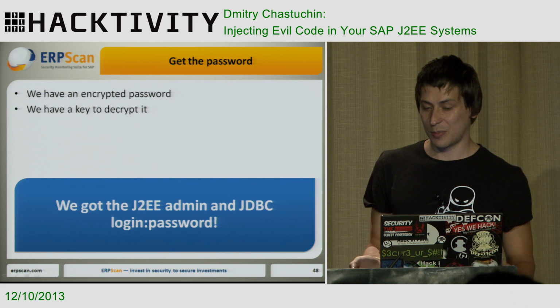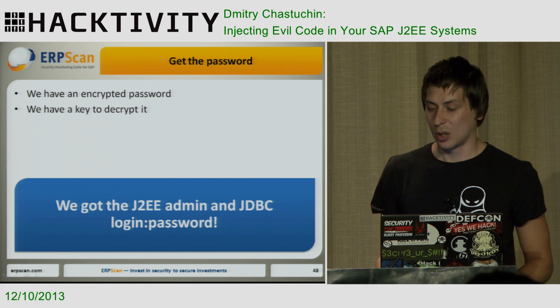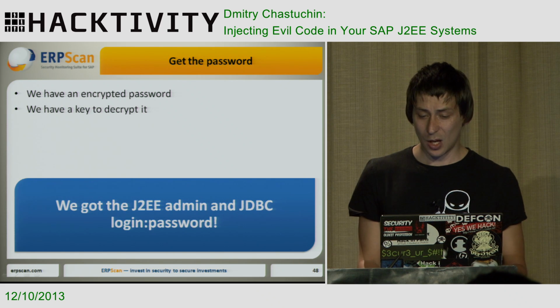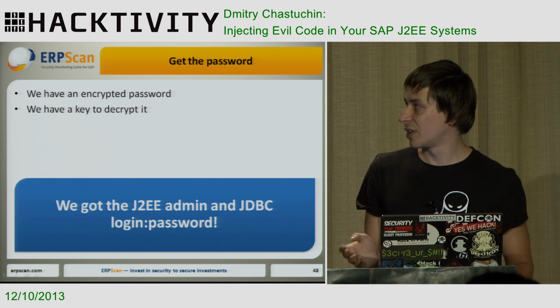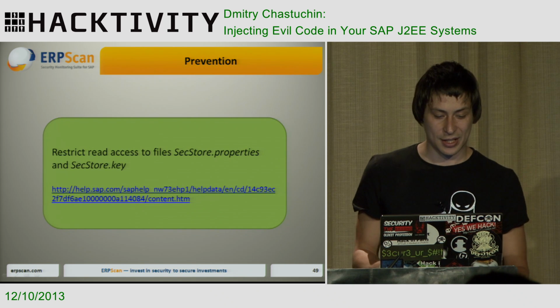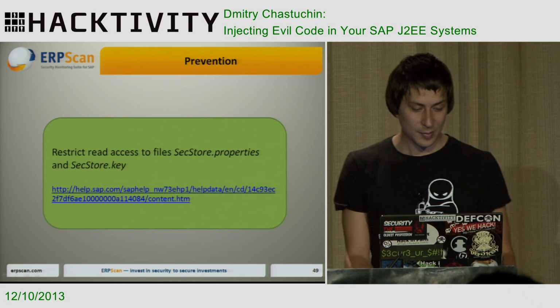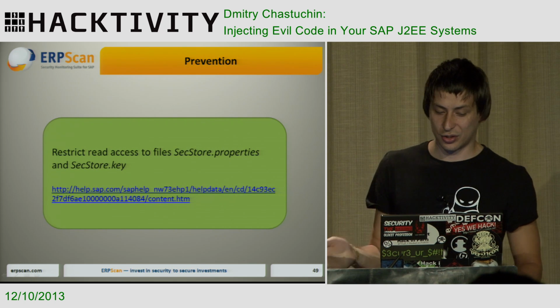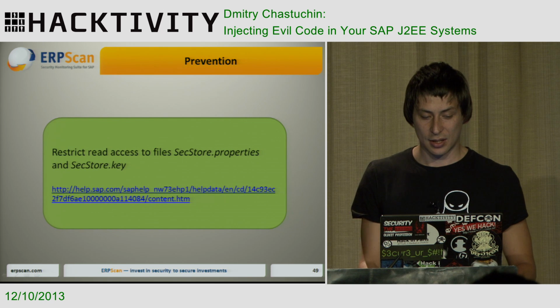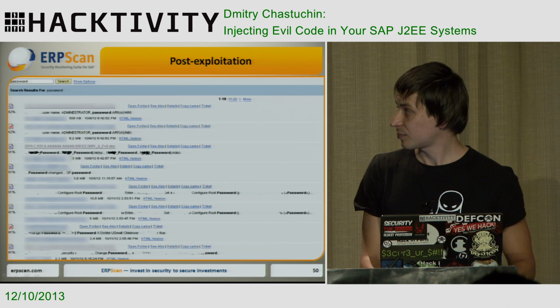With the encrypted password and the key for decryption, we can get the administrator user password of the SAP system and successfully log in to SAP. To prevent this attack, just restrict read access to the files secstore.properties and secstore.key.